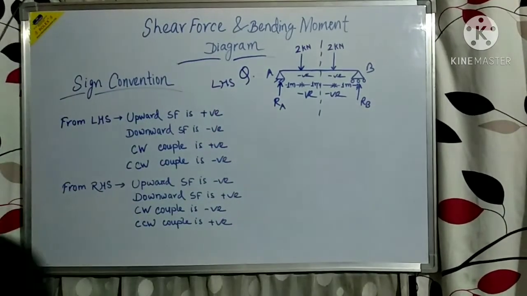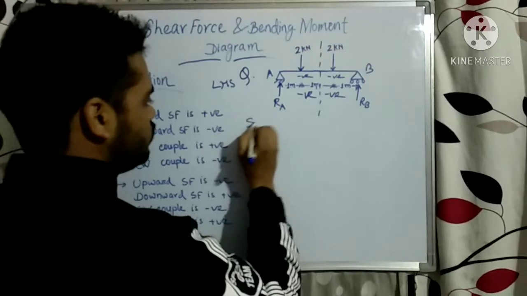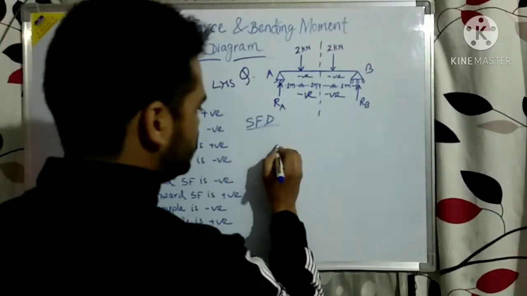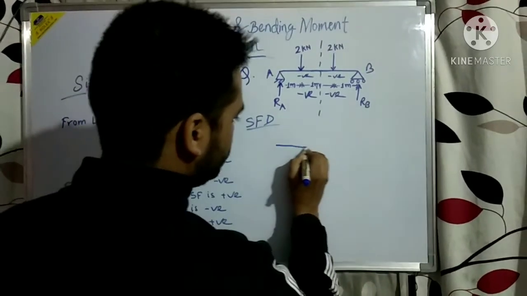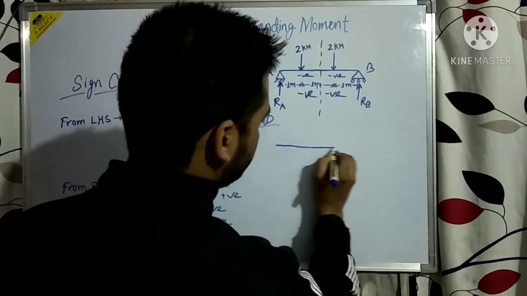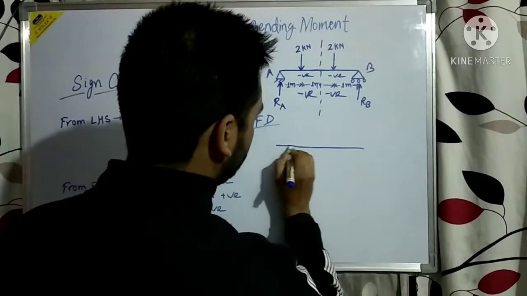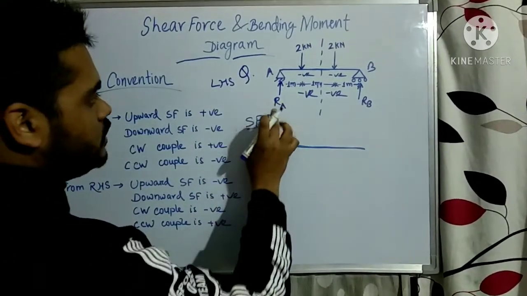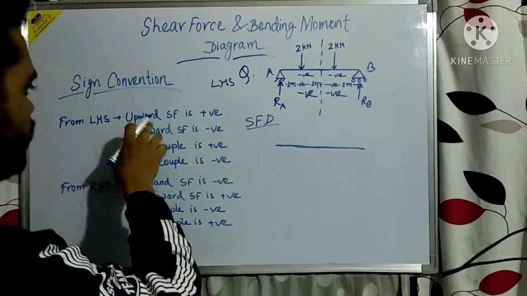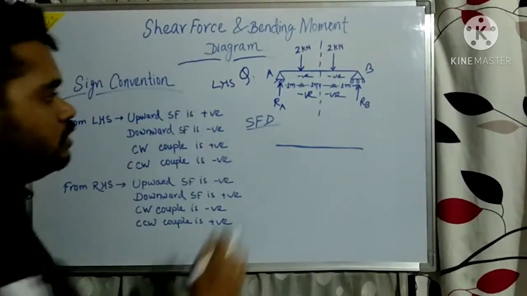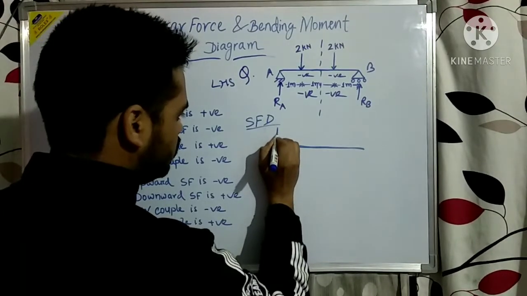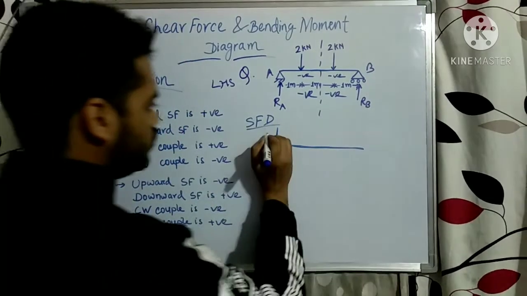Now let me draw the shear force diagram. This is your neutral axis, and this reaction is acting upward. See here, upward shear force is positive. Now this shear force will be drawn as 2 kilonewton.